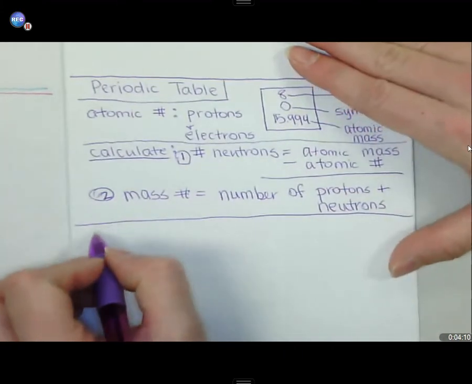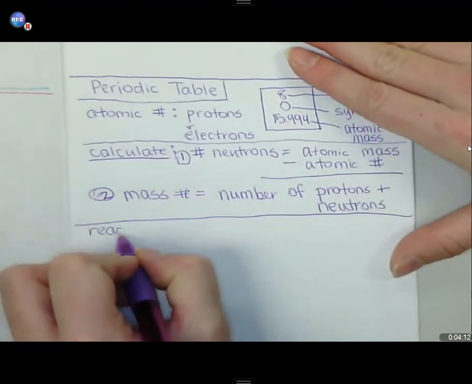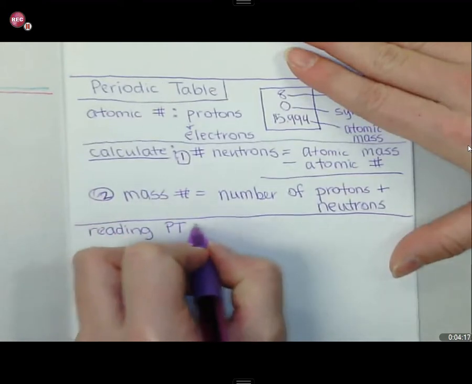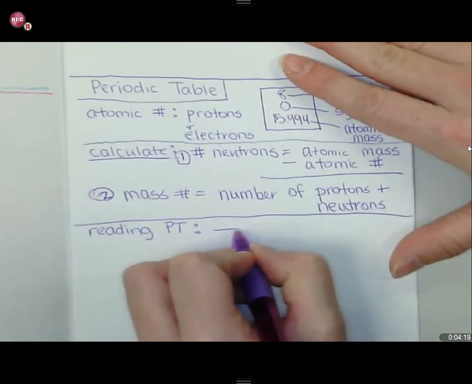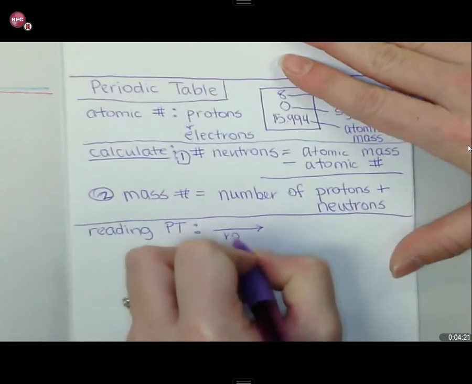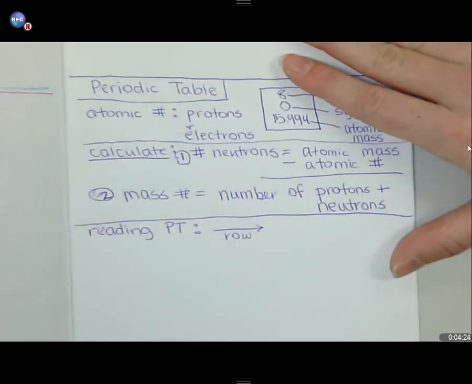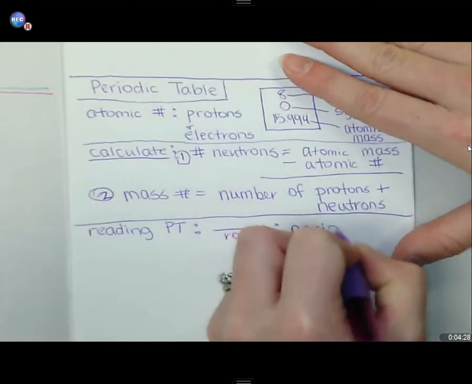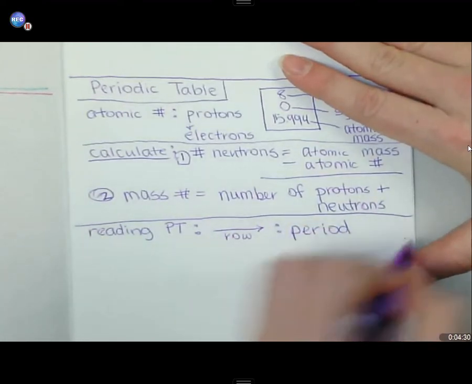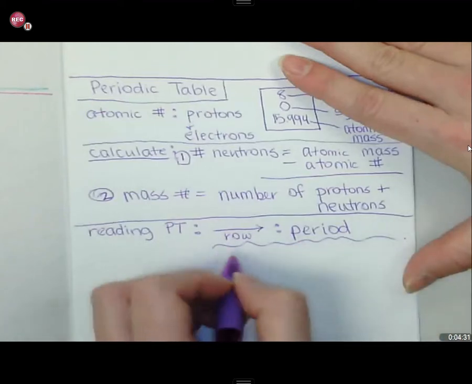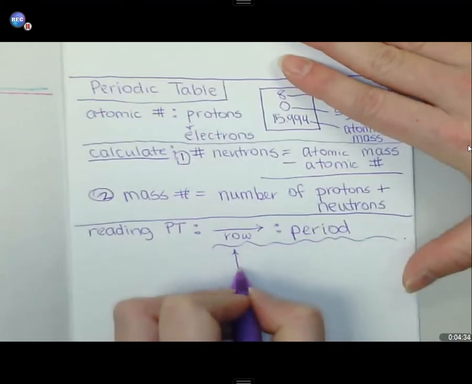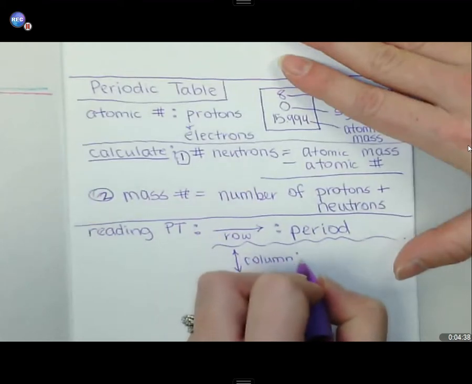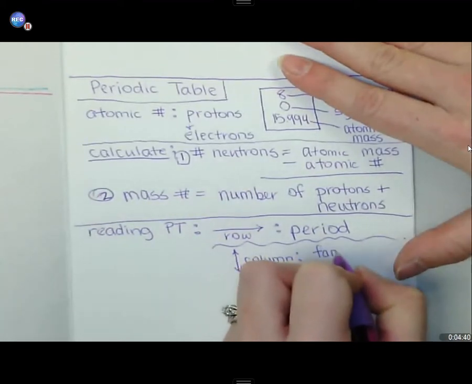Now, when we're reading the periodic table, I'm going to say reading PT, as in periodic table, you need to know that when we read across a row, this is known as a period. And when you read up and down a column, this is known as a family or a group.